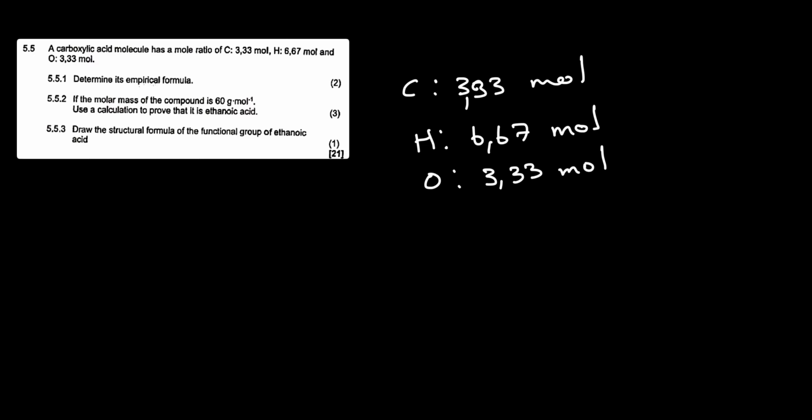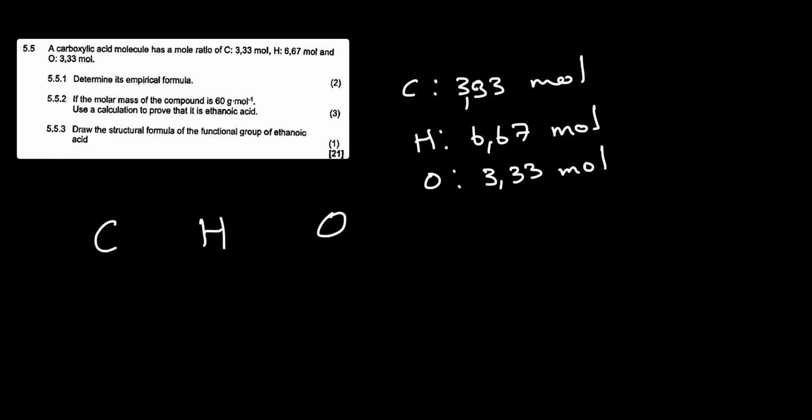So the first question says determine the empirical formula. If you want to determine the empirical formula, in this case you're already given the number of moles. We're going to look at the ratio between carbon, hydrogen, and oxygen.